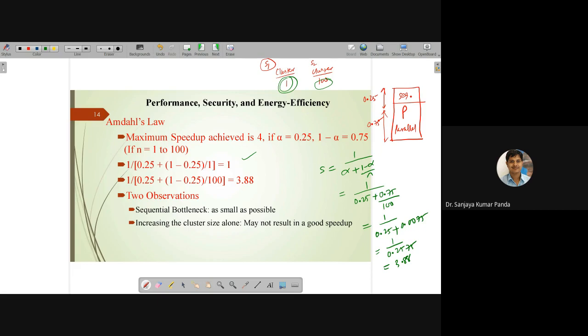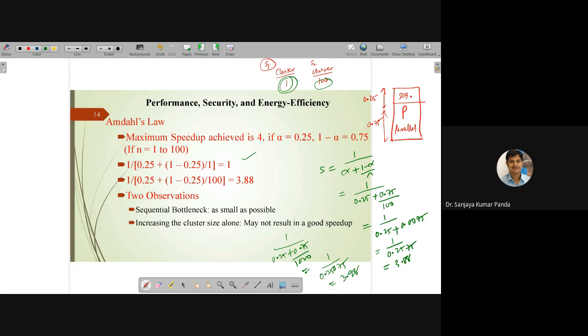Let us try with 1000: 1 by 0.25 plus 0.75 divided by 1000. That is 0.00075 plus 0.25, so 1 divided by 0.25075. You are getting 3.98.